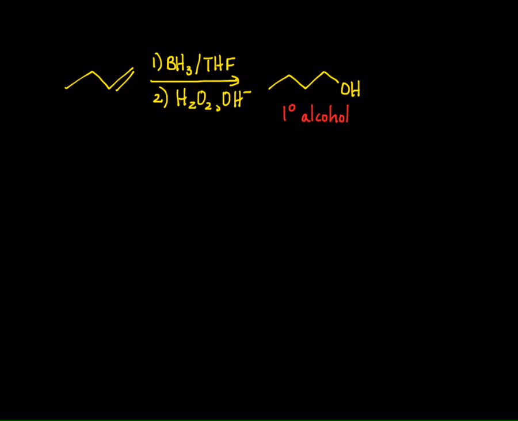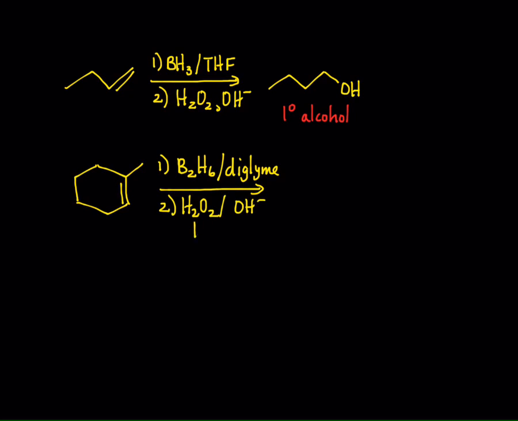So, if I take here 1-methyl cyclohexene, treat it with, notice, B2H6 in diglyme. So remember I said if I don't use THF or diethyl ether, BH3 tends to dimerize. It dimerizes into B2H6. Well, you can actually buy B2H6 in diglyme, which is a high boiling point solvent.